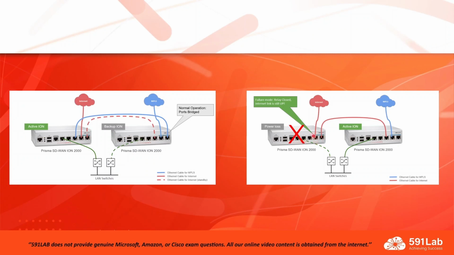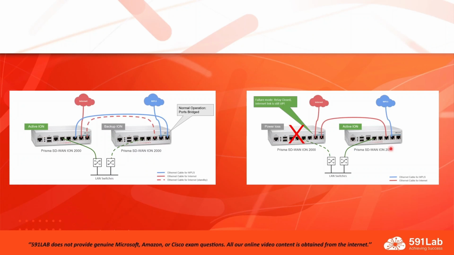Because we have the internet link using the fail-to-wire mode, even if the device is down or shut down, the link will still be active to maintain the traffic from the second ION device. That is the advantage of the fail-to-wire provided by the ION devices.